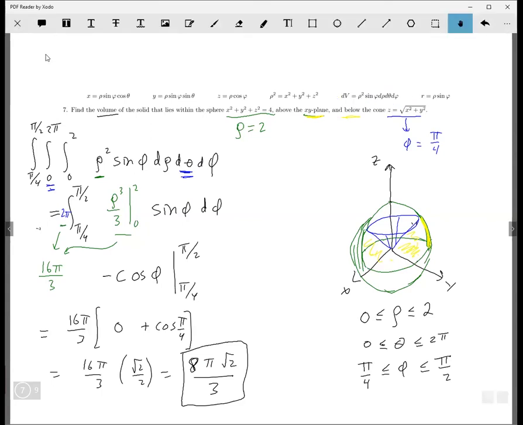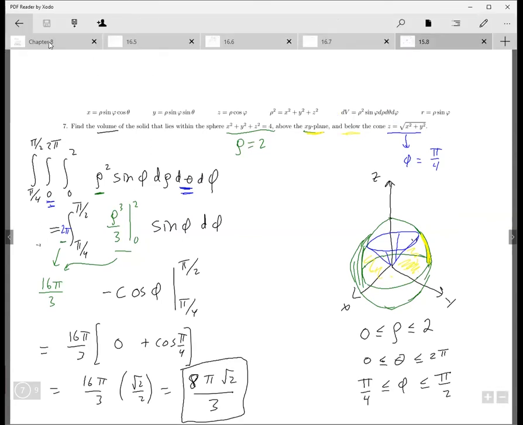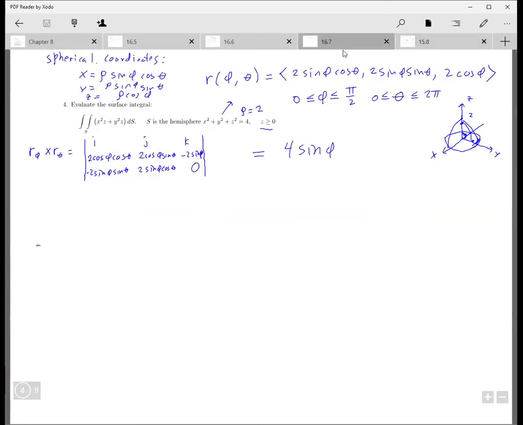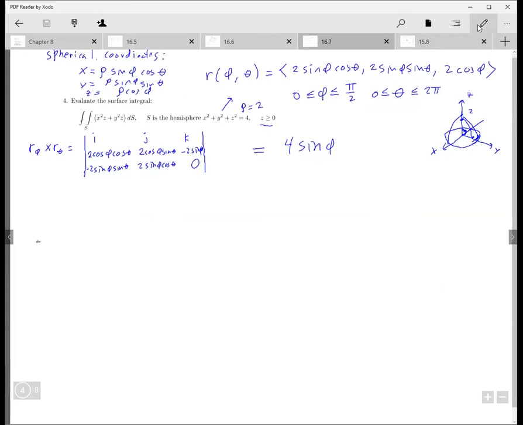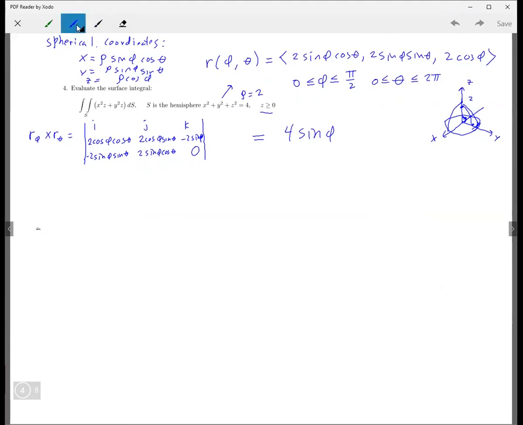So rho squared sine phi is basically what that is, part of the dv thing. Okay, so anyways, let's continue on. So the calculation is pretty much the same as for that one.